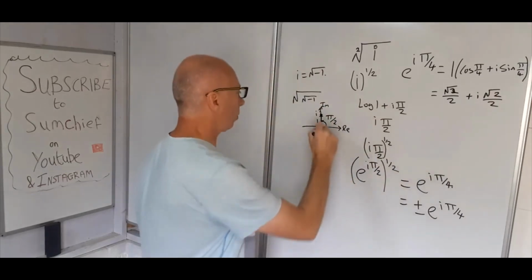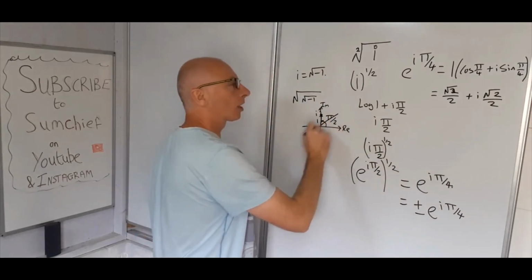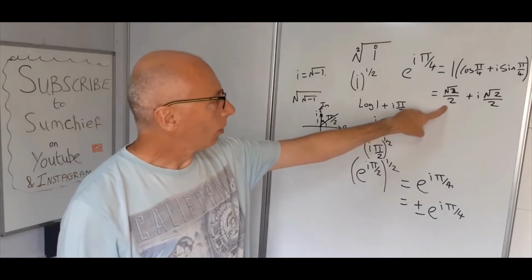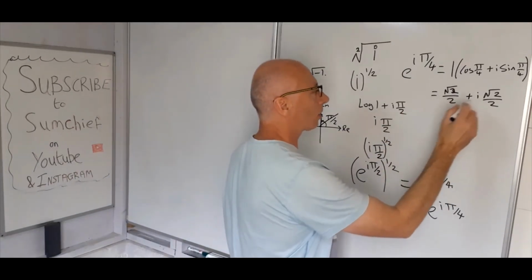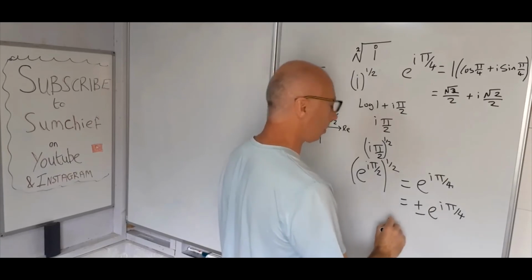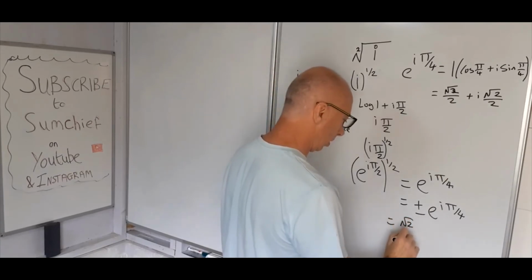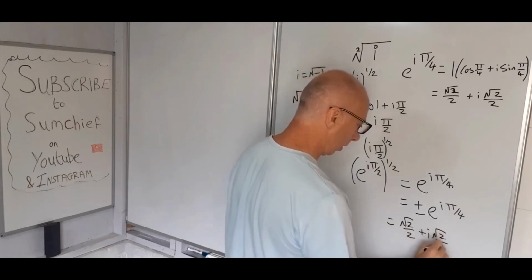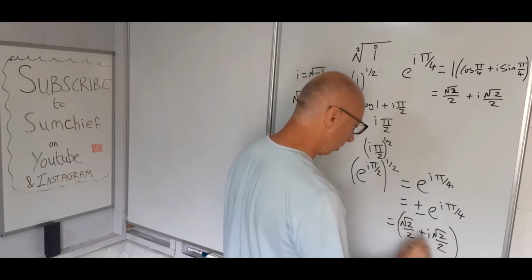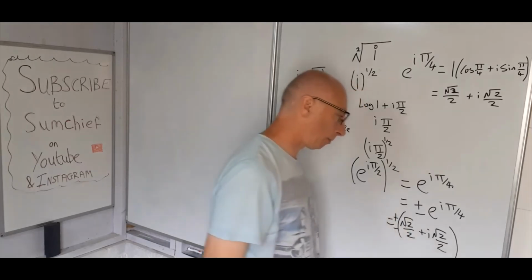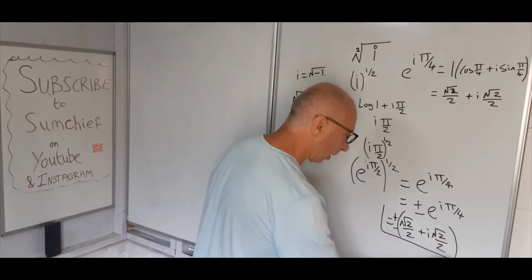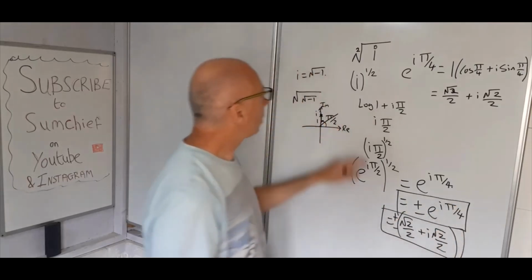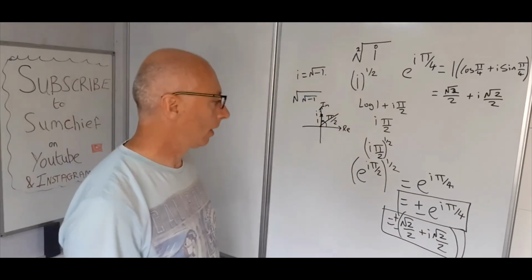At pi over 4, which is here, sine and cosine are the same. So therefore, our solution for this is root 2 over 2 plus i root 2 over 2, and also in plus or minus form. So these are our solutions to the question, what is the square root of i? And there we go.